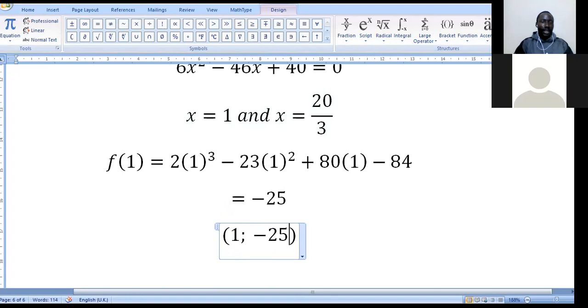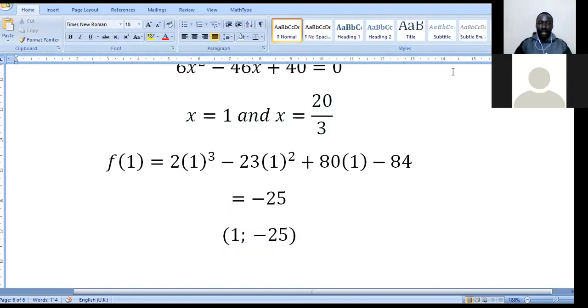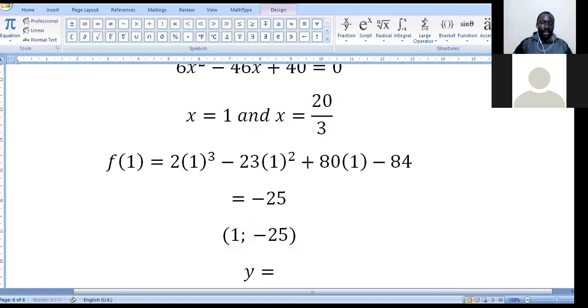So now, what's that supposed to mean? That's supposed to mean that from here, we can find the gradient, and after finding the gradient, we can find y equals mx plus c. You know, y equals mx plus c.